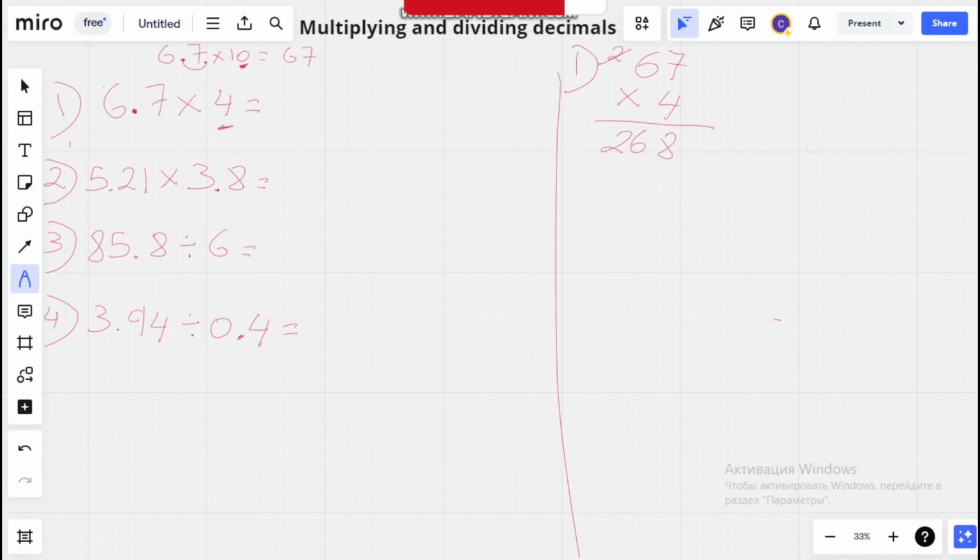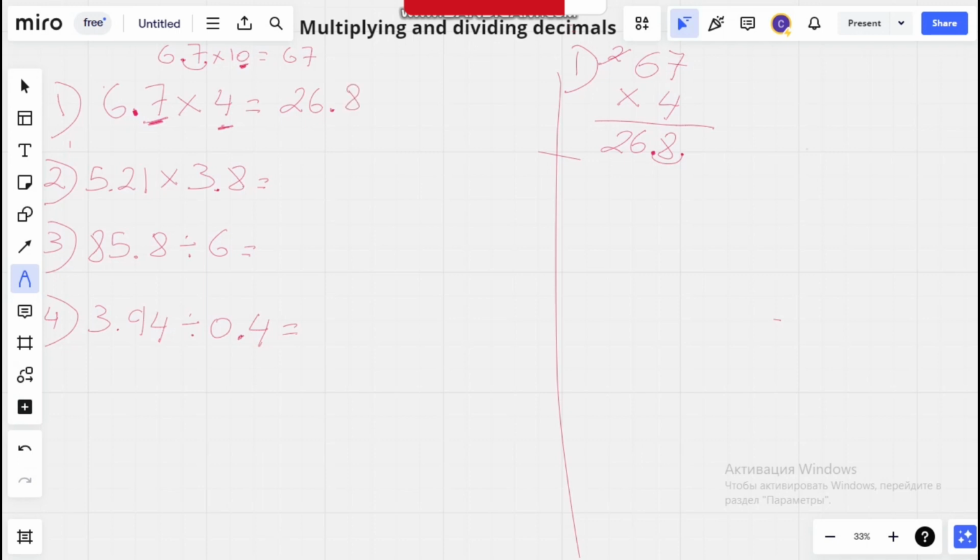Now you go back to your equation and you look at the decimal and you count. So here's our decimal. Now how many numbers are after the decimal? 1. Just one number. So you come over here and here's our number and you count 1. So our answer is 26.8.